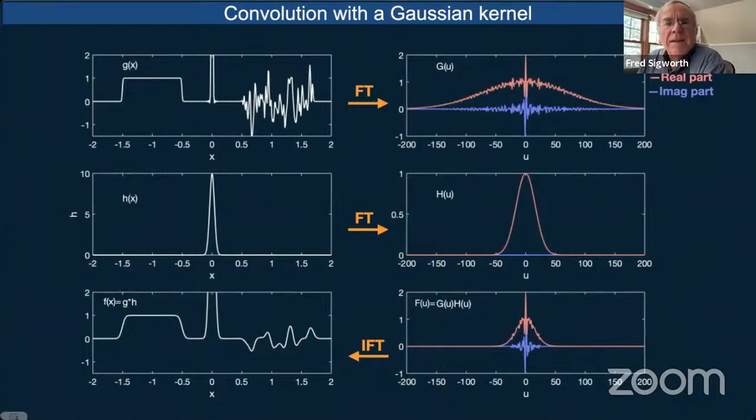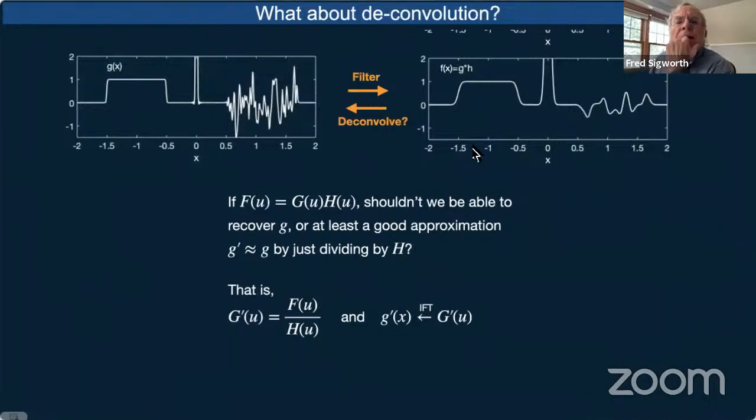thanks to a really nice algorithm. Now, the other thing is, if in the Fourier domain, it's just the product of the Fourier transforms of the two functions, shouldn't we be able to take this filtered, this smooth signal and work back to that one?